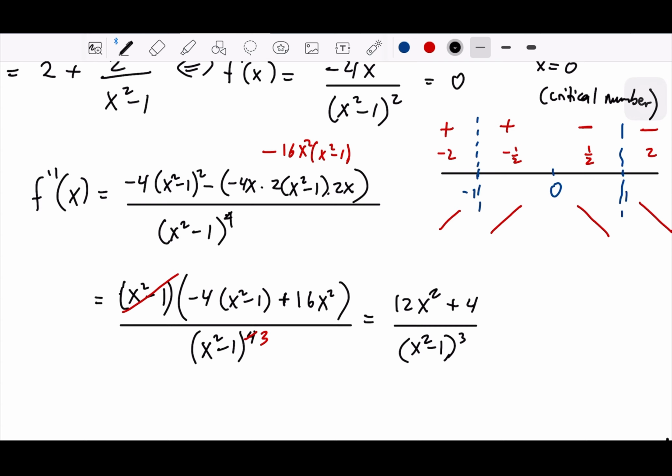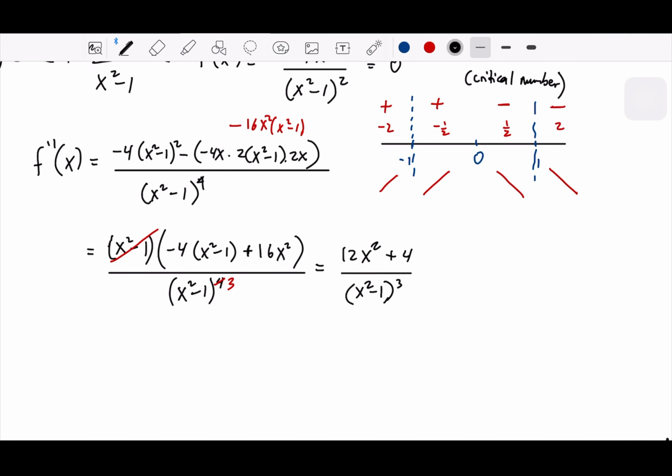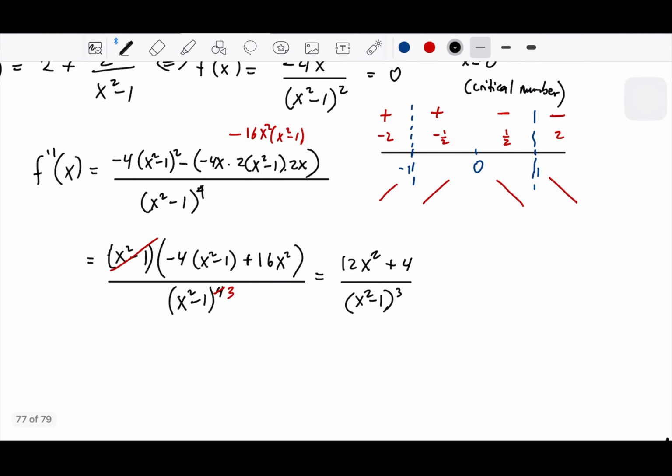Okay, now what next? How to check? For every first derivative or second derivative, our instinct or our obvious option should be equaling to 0, to find out whether it has the critical number, or in our case here, whether it has inflection point or no. But equaling it to 0 doesn't mean it will be our inflection point.